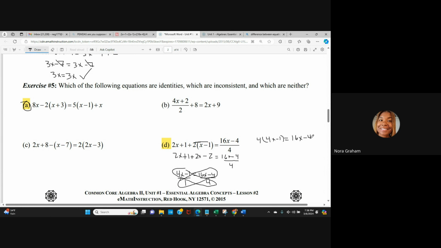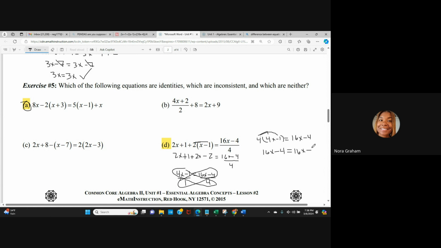Now I keep on simplifying down. Let's distribute again. So I have 4 times 4x and 4 times negative 1. That's going to give me 16x minus 4 equals 16x minus 4.